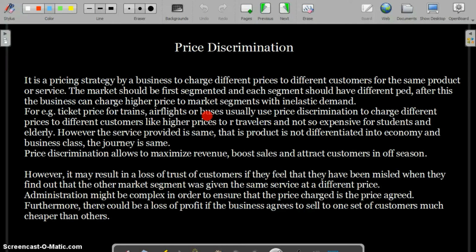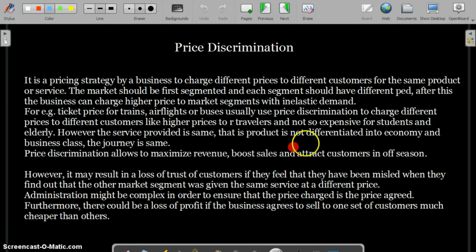Like it is considered a necessity, therefore it has an inelastic demand, so they charge high prices to business travelers, but they charge relatively lower to students so that they can have more sales as well, not just profit but sales as well. The service is the same, they have the same bus. It's not like they have a different air conditioned bus or something. No, the service provided is the same.